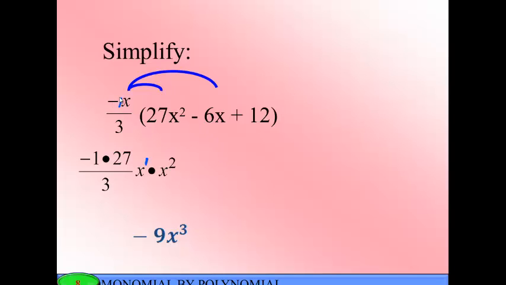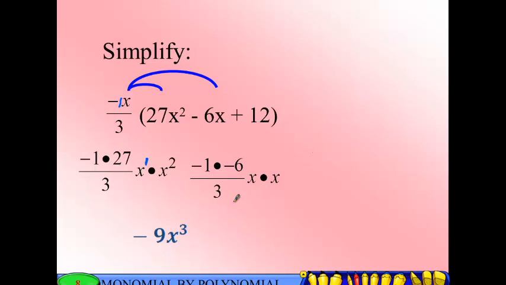Again, we are going to multiply first our coefficients. Negative 1 times negative 6 divided by 3. So when you simplify this, you will get positive 6 divided by 3, which is equal to 2. Then x times x will be equal to x squared. So we will have here positive 2x squared.